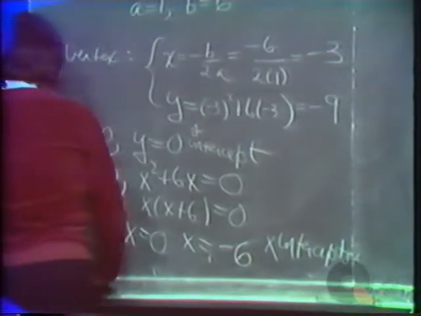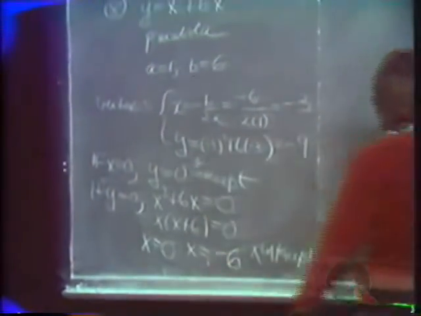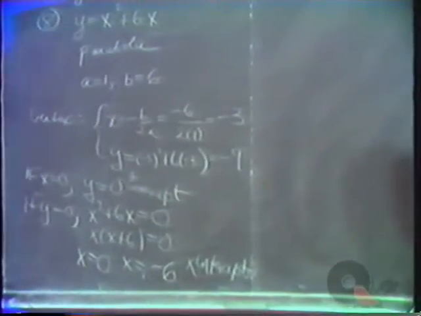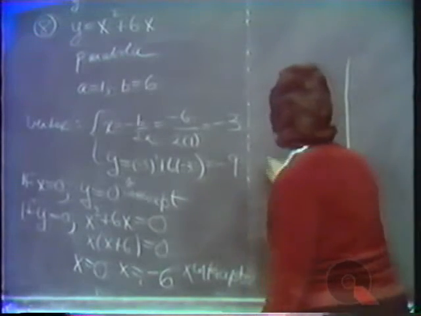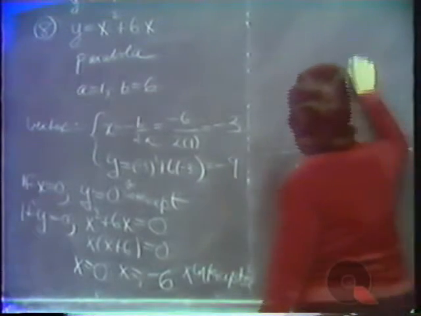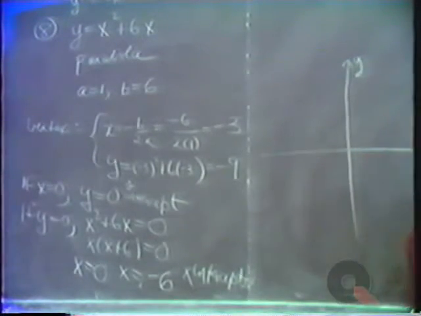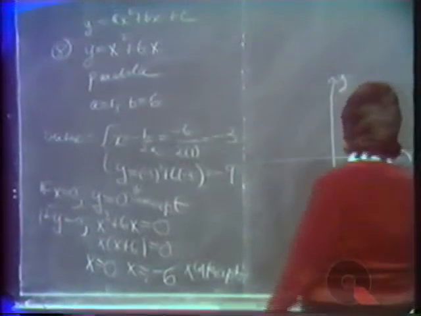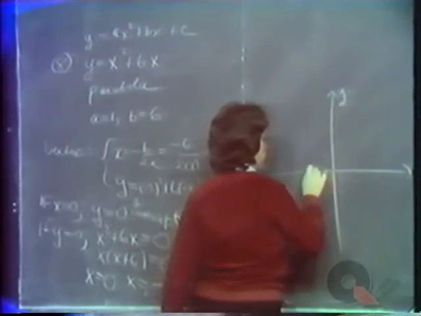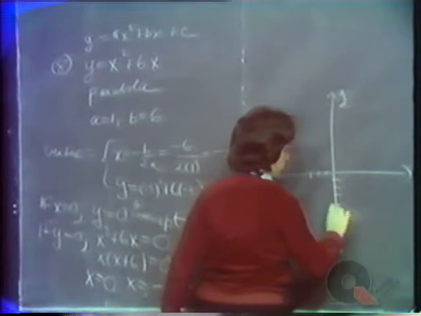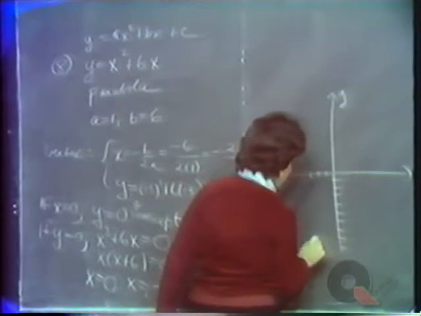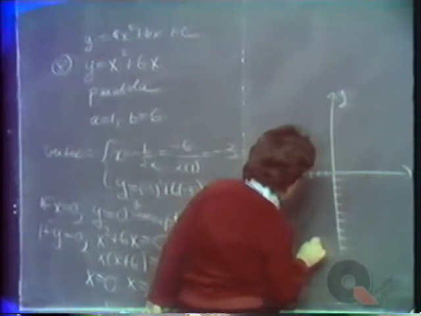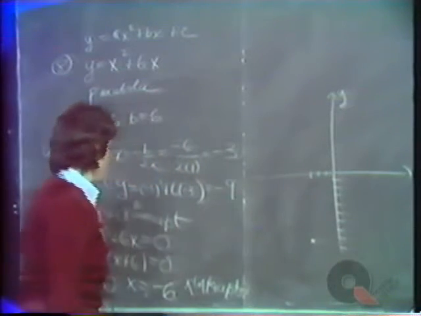And let's see what we have. We have a vertex at minus 3, minus 9. Minus 3, minus 9 is the vertex.